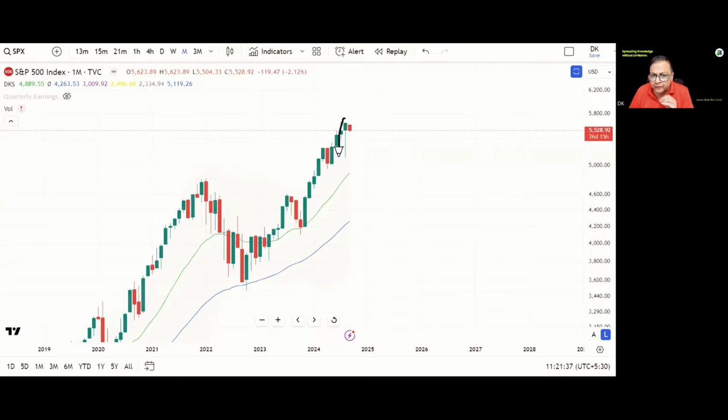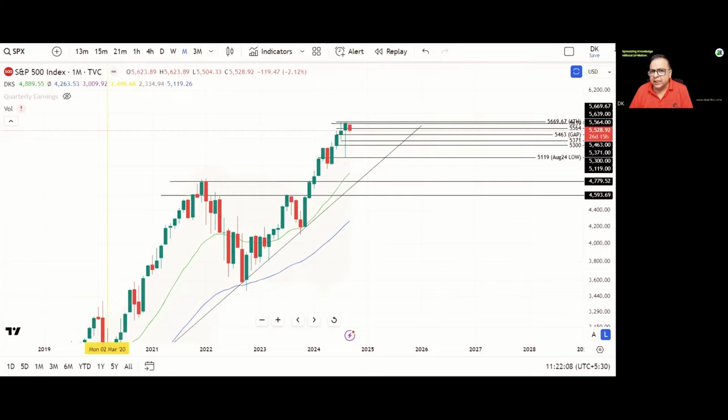So the low of this candle is very, very significant. The low of this candle is at 5,119. So unless the market breaks down below 5,119 level, there won't be any change in the market expectation, because the trend remains intact unless the trend bends downward.